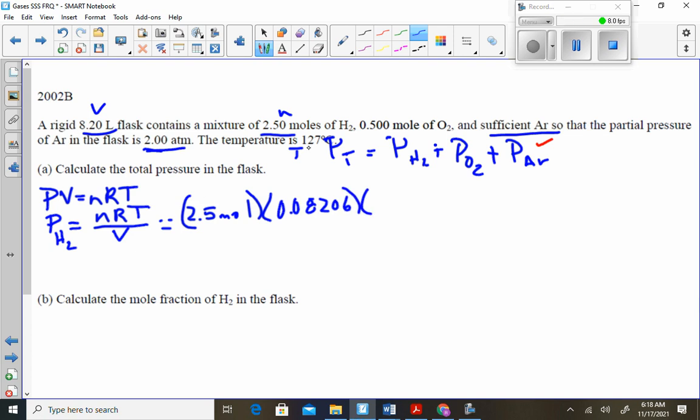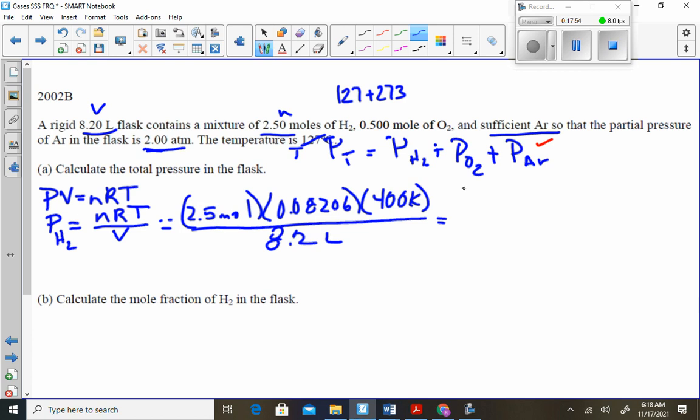And our temperature is not 127, but 127 plus 273. So we have a temperature of 400 Kelvin, and our volume is 8.2. When we get that number, we have 10 atmospheres in our container of hydrogen.